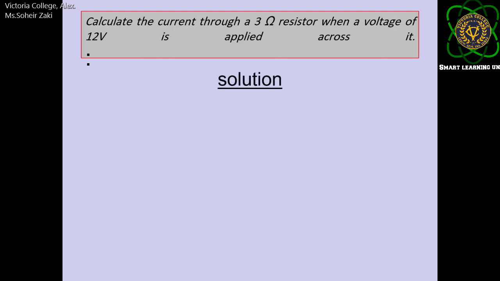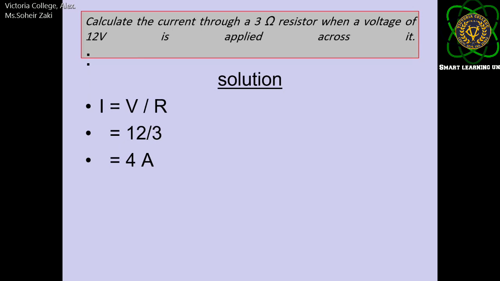So we have R, which is equal to 3 ohms, and the potential difference V, which is 12 volts, and we need to calculate the current intensity. So current intensity equals V divided by R, equals 12 divided by 3, equals 4 amperes.